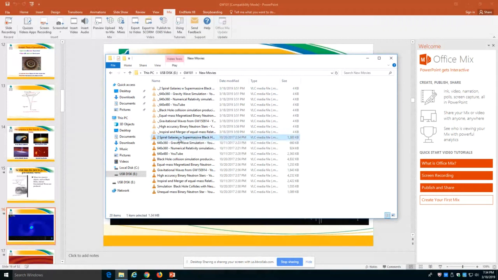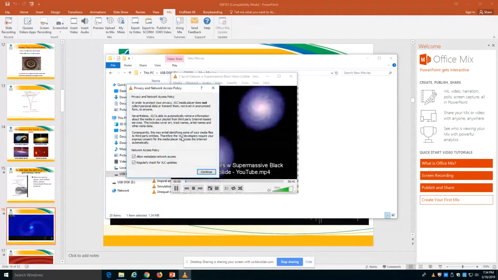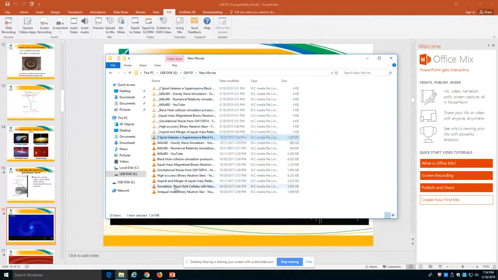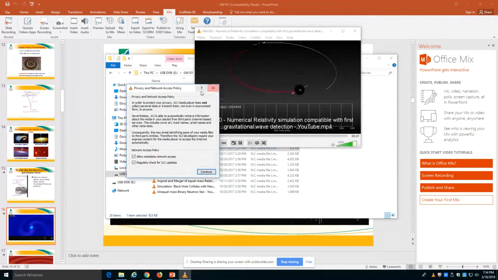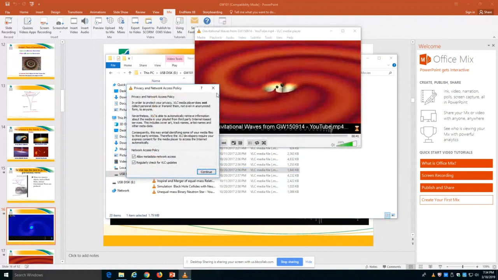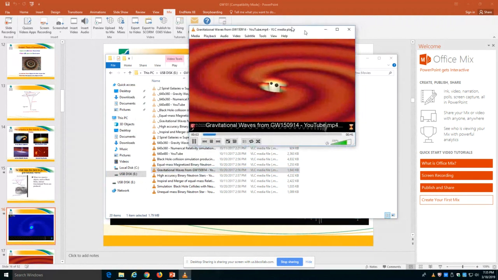So I think the first movie I want to show you has to do with the collision of two black holes. So you could see here, whoops, this is galaxies, not black holes. That one. Not that one. Well, this is close enough.